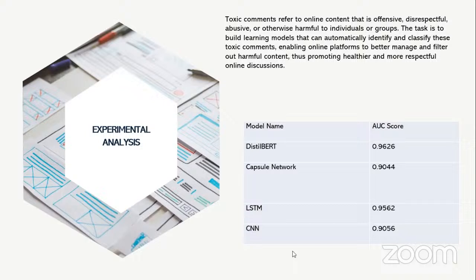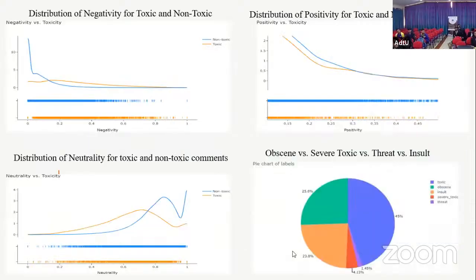The task is to build learning models that can automatically identify and classify these toxic comments, enabling online platforms to better manage and filter out harmful content, thus promoting healthier and more respectful online discussions. Model name DistilBERT accuracy 0.9626. Capsule network 0.9024. LSTM 0.9562. CNN 0.9056.